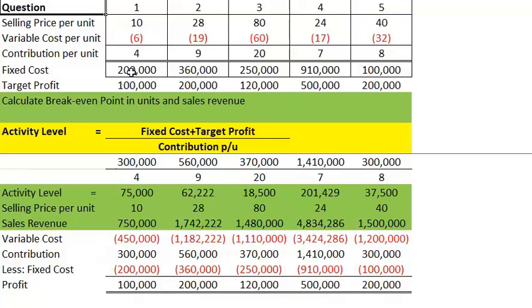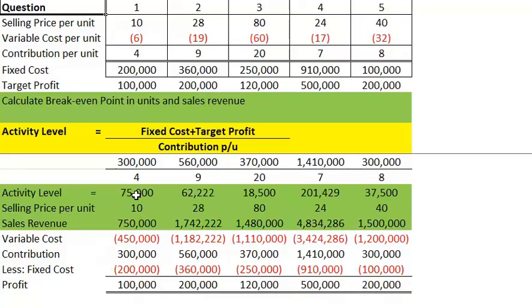Fixed cost is 200,000, target profit is 100,000, which is 300,000. 300,000 divided by 4 is 75,000. At 75,000 units of sale, we are not only recovering full cost but also making a profit of 100,000.